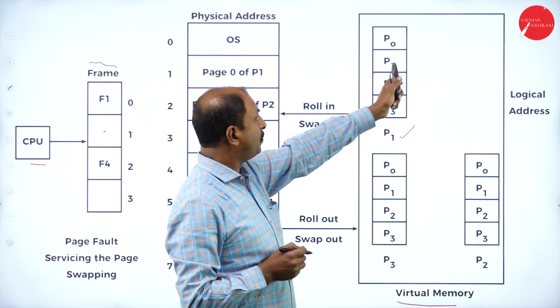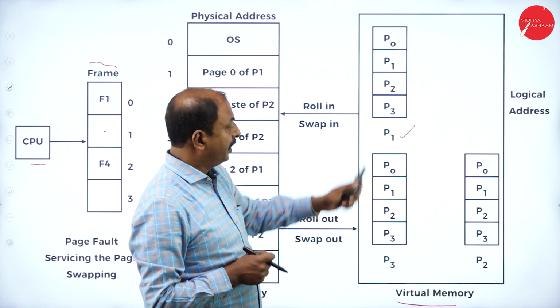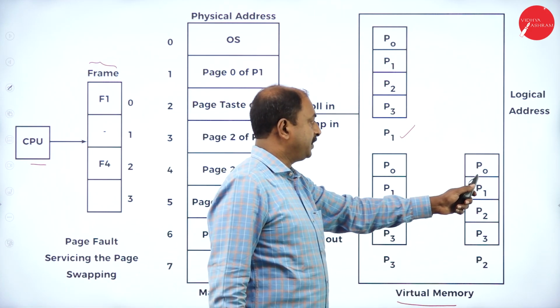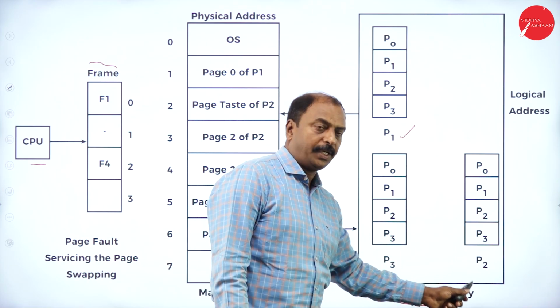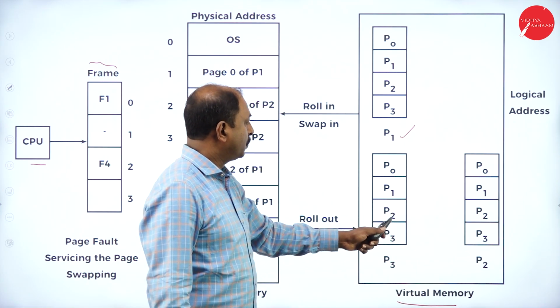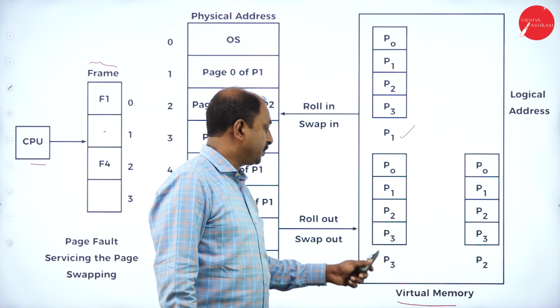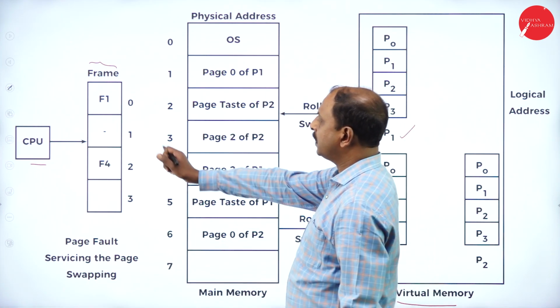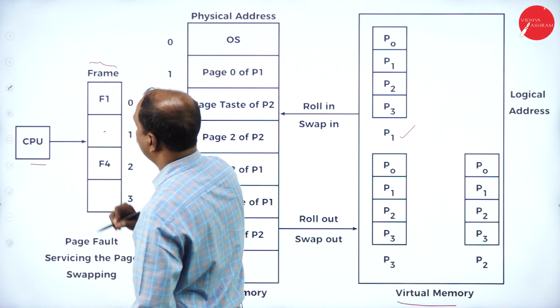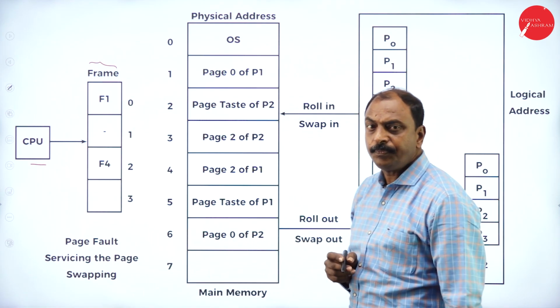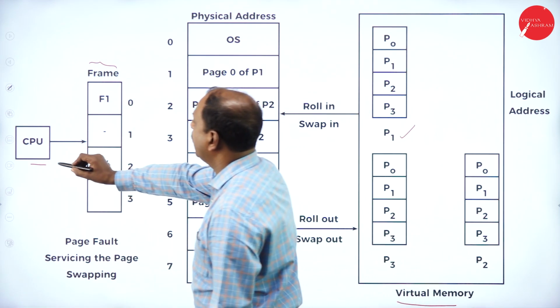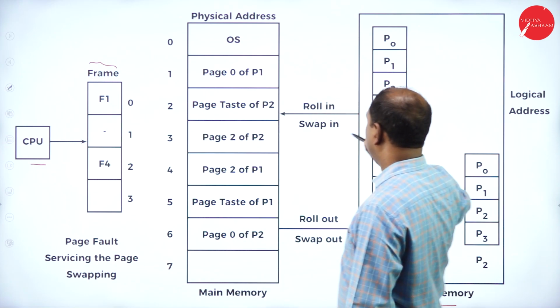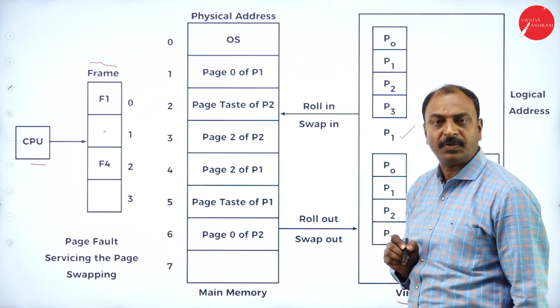We can say page 0, 1, 2, 3; similarly pages 0, 1, 2, 3 of process P2, and 0, 1, 2, 3 pages of process P3. Whenever the CPU would like to process the data, it requests particular pages from the secondary memory devices.